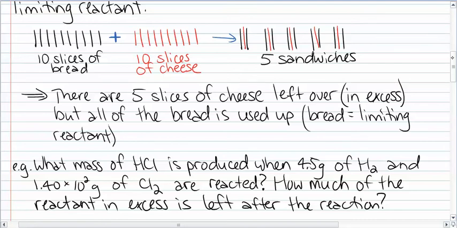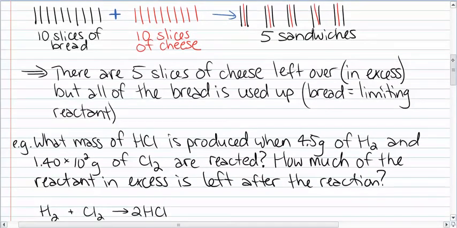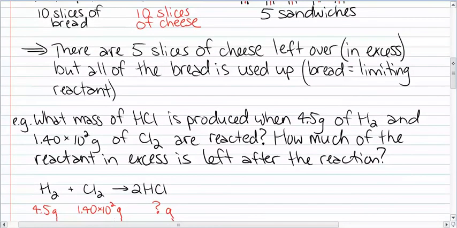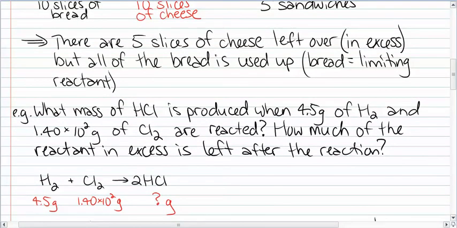So it's asking us for a couple of things here, but we're going to start the way we usually do. Write and balance the equation and look at what they're giving us. So we have 4.5 grams of H2 and 1.40 times 10 to the power of 2 grams of Cl2. And our first question is how much HCl is produced. So what we need to figure out is how many sandwiches can we make.